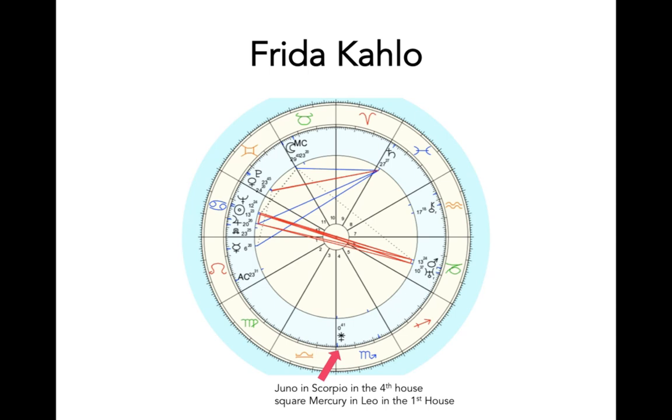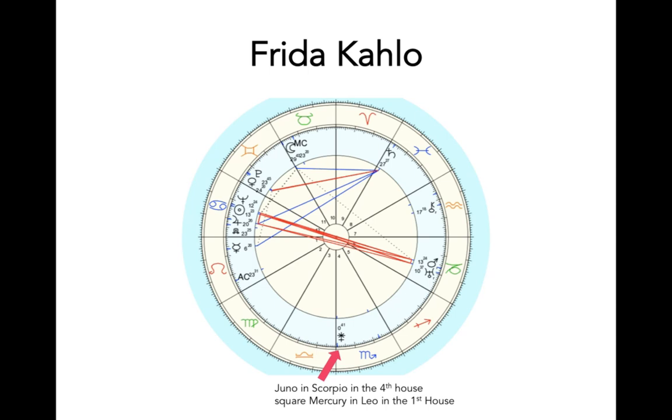This square, of course, is indicative of the fiery, passionate relationship that she had with Diego Rivera, where there was a tremendous amount, I think, of arguing. She had an incredibly painful physical condition that she lived with. She lost a baby. She had miscarriages. He cheated on her, or he had other lovers.